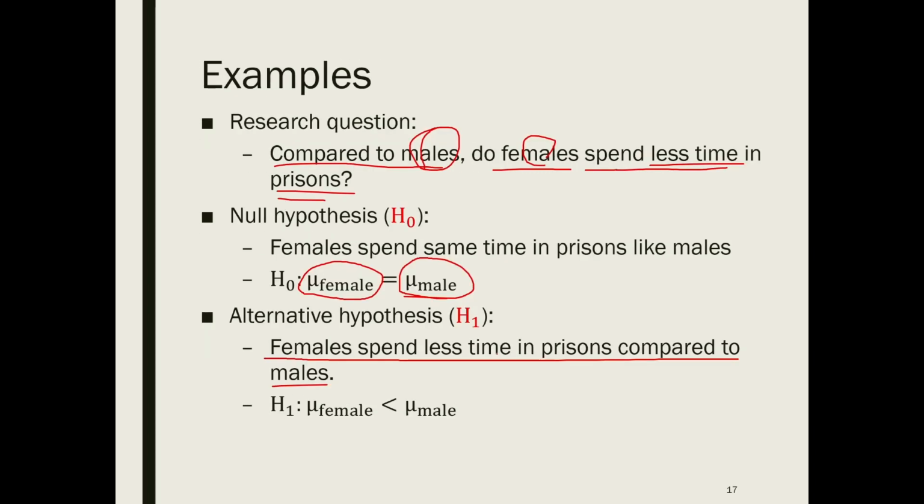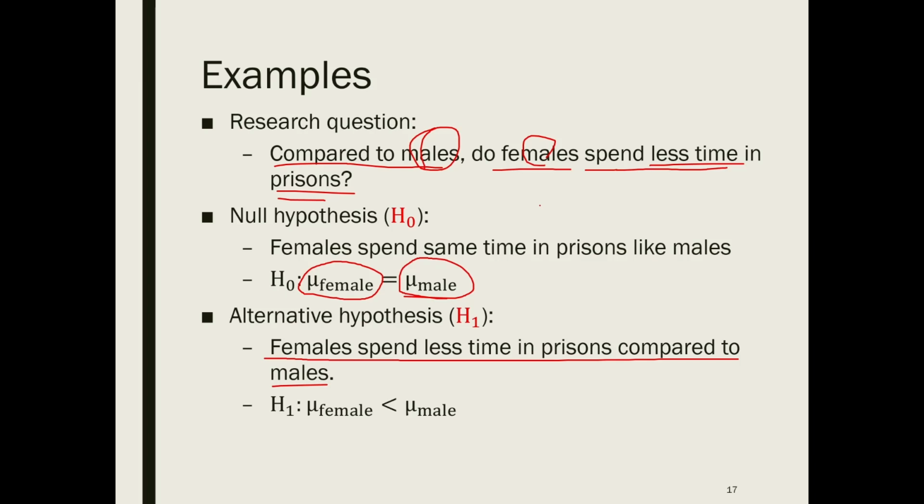Okay, but there is a situation, for example, if the research question becomes, is there a difference between male and female inmates regarding their time in prison? Now it asks whether there is a difference. It doesn't say females spend less time.